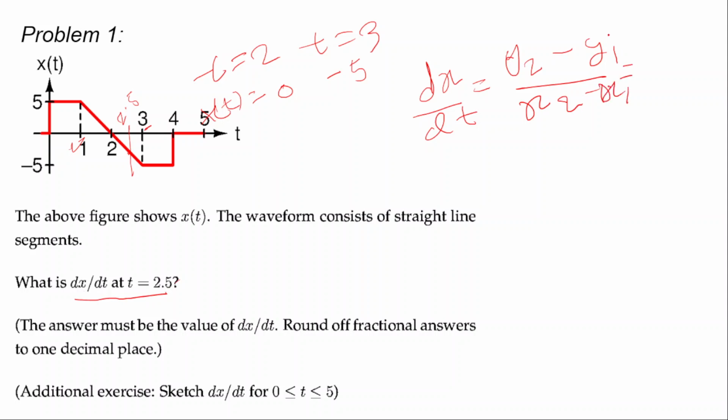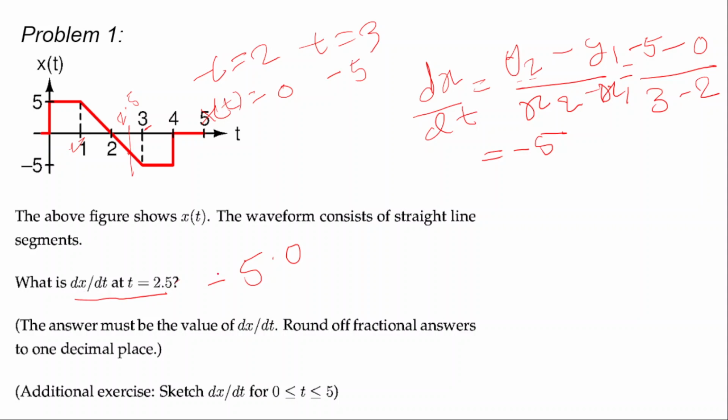Putting in the values, y2 is minus 5 at t equals 3, minus 0, upon 3 minus 2, which equals minus 5. So the value of dx/dt at 2.5 is minus 5, or minus 5.0 to be precise.